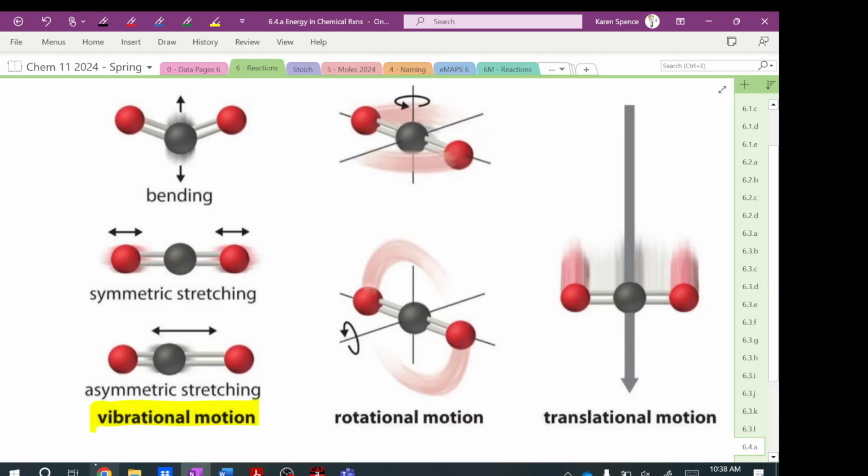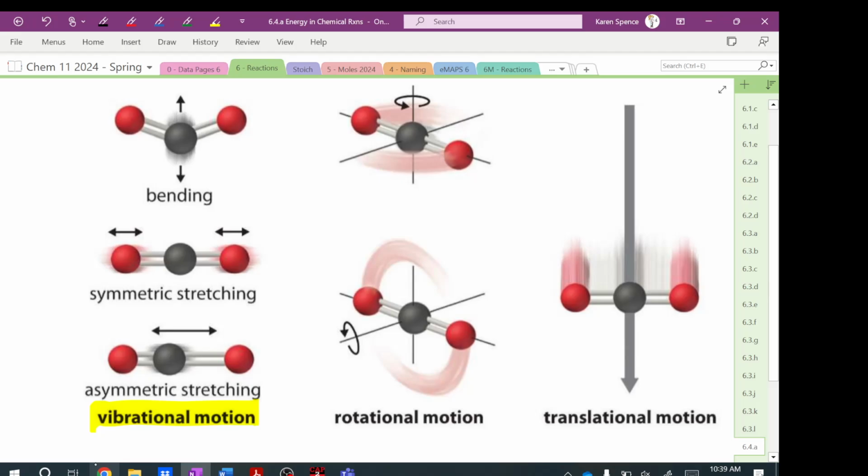The other form of vibration is symmetrical stretching. And the third form is asymmetrical stretching. So if a molecule is vibrating, it's doing one of these. That's one type of motion.